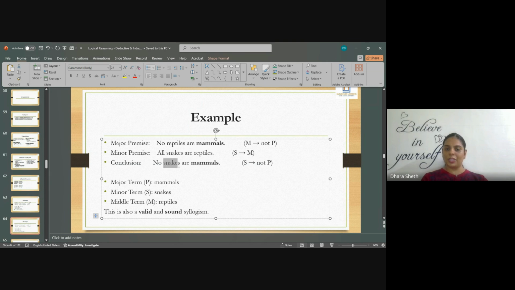Snakes is the subject. Snakes is there in conclusion. Snakes is there in minor premise. So it is the minor term. Reptiles is there in major premise and minor premise. It is the middle term. It is not there in the conclusion.